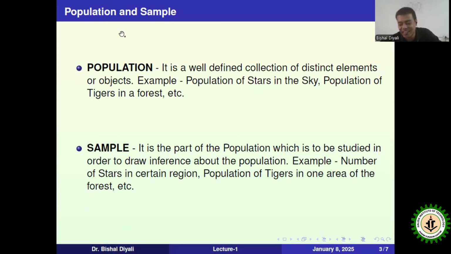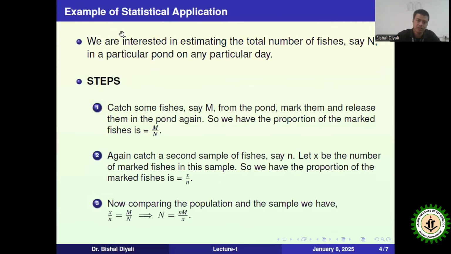Let me give an example of how population and samples are used in statistics. In this example, we are interested in estimating the total number of fishes in a pond on any particular day.